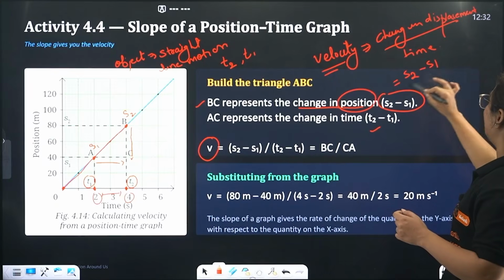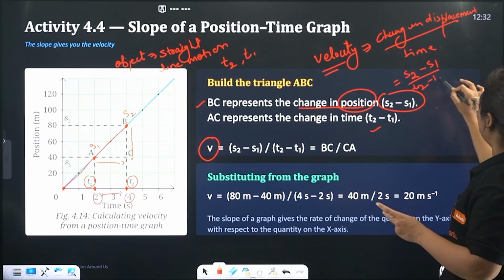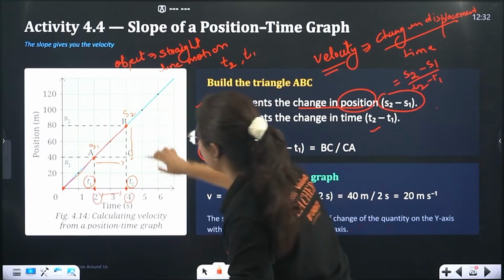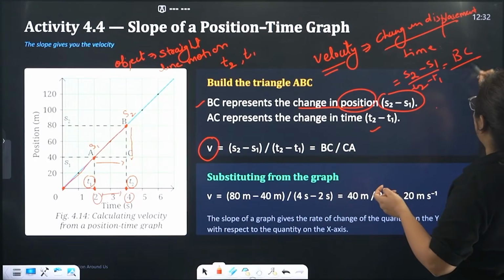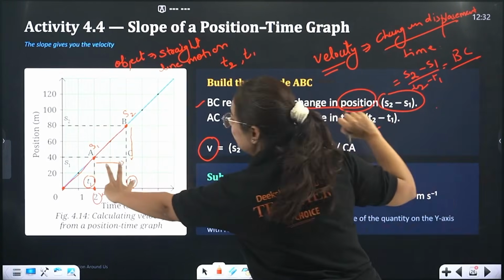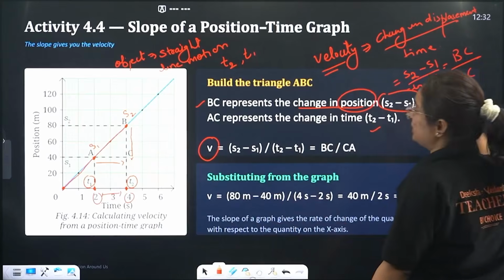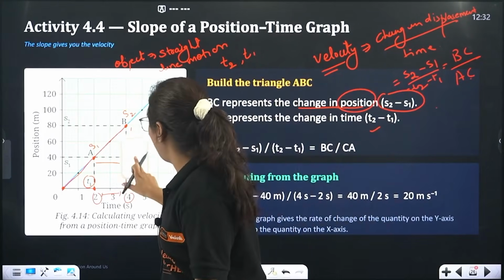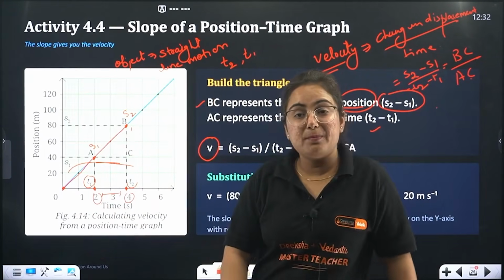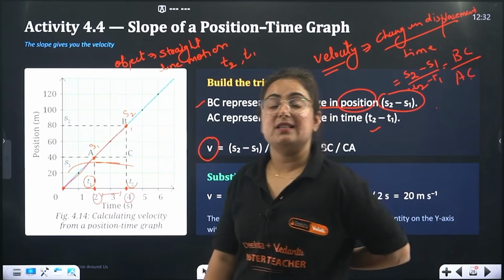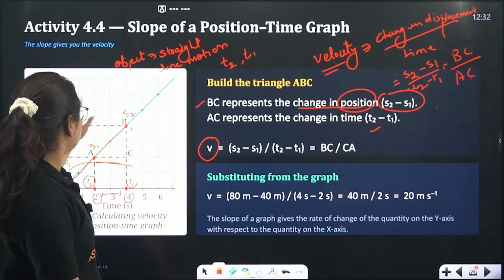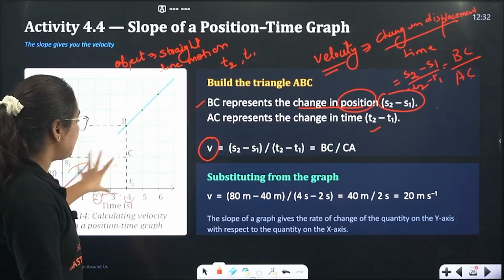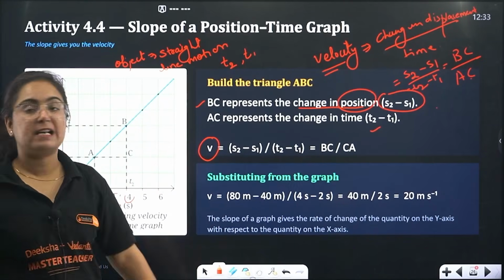S2 minus S1 upon T2 minus T1. Okay? Now what is S2 minus S1? Is it BC? Yes, it is BC upon AC. Getting my point here? This is the slope of the position time graph in a straight line motion. If we substitute it, then you will get the correct answer.